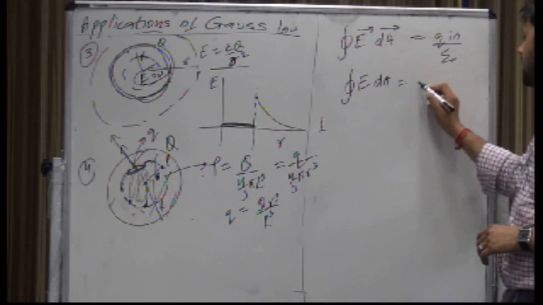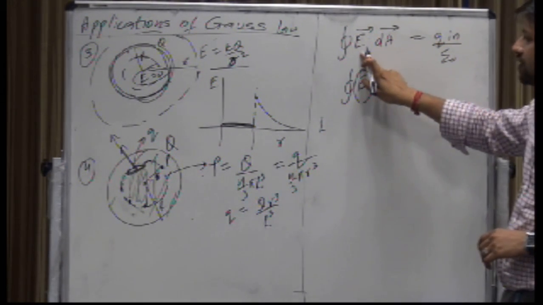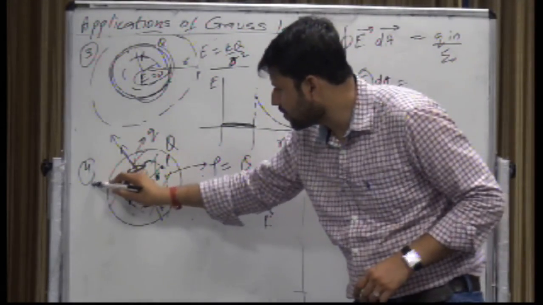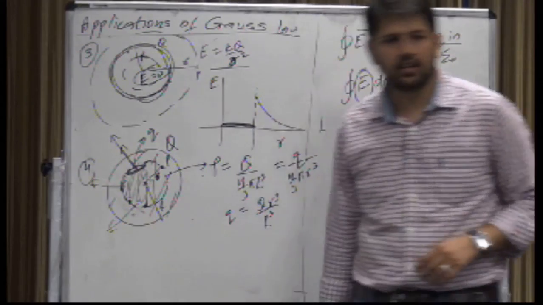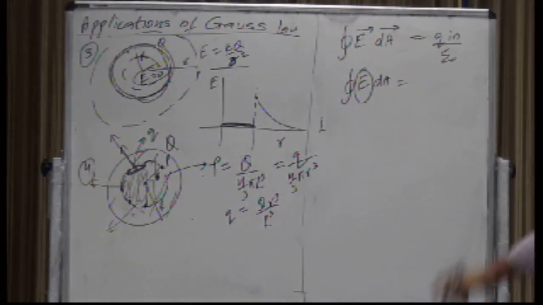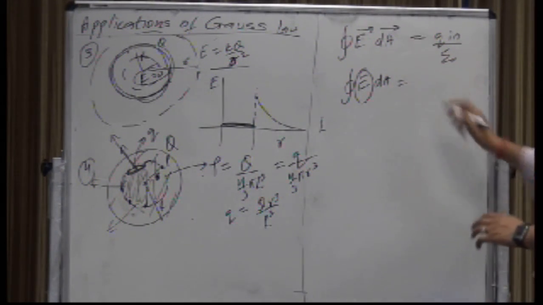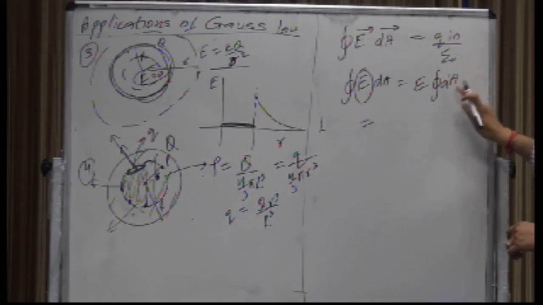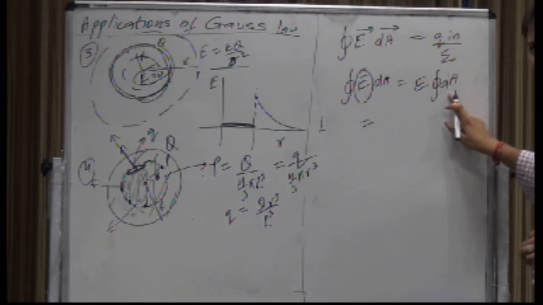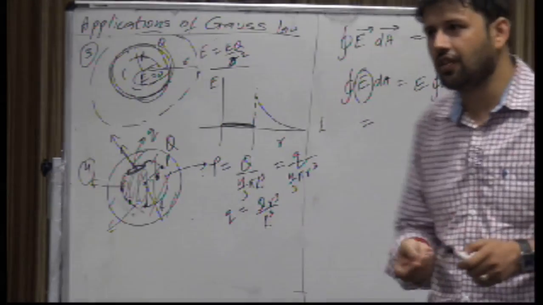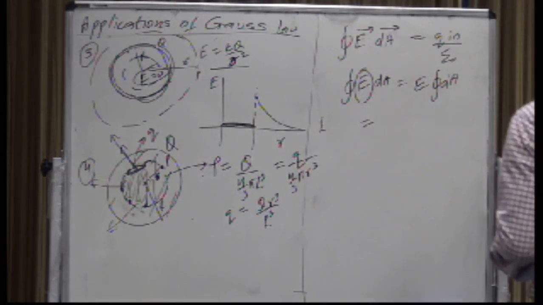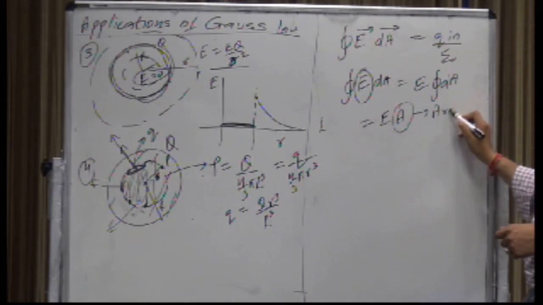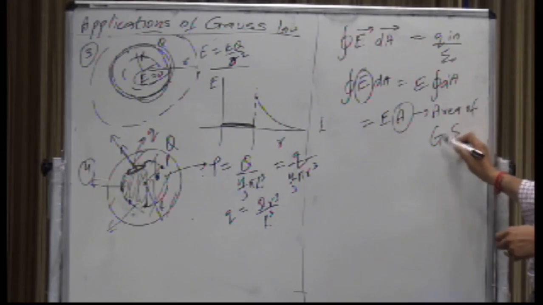Now the E vector is not a constant, because at different points the direction of E would be different, but the magnitude is a constant. Bring it out, closed surface. Here you are adding the area of all the portions of the Gaussian surface. So this is E A, where A is the area of the Gaussian surface.